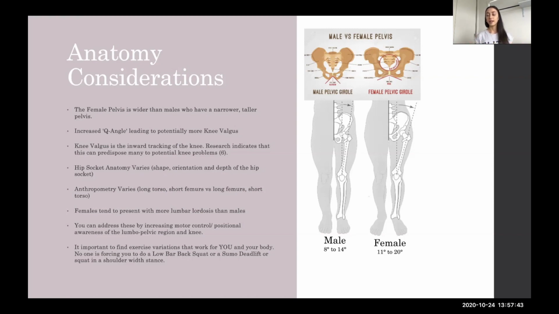Therefore increasing the strength of those abductor and external rotators, and using exercises not only that abduct the knee, but also help to work that stability aspect. So all of your single leg exercises, so your single leg RDLs, your hip aeroplanes, your Bulgarian split squats, or any of your unilateral exercises are really helpful.